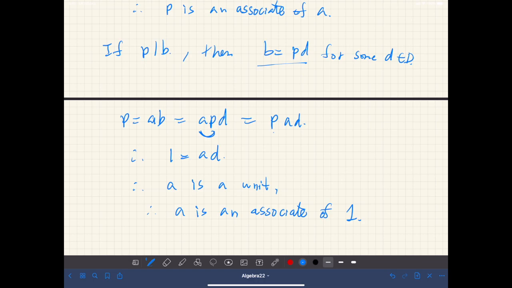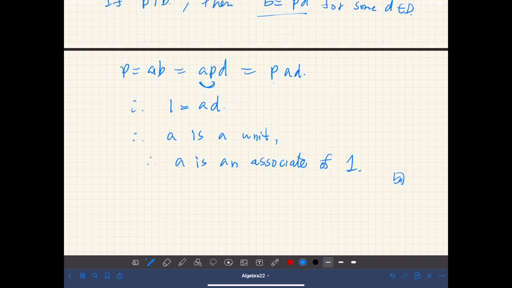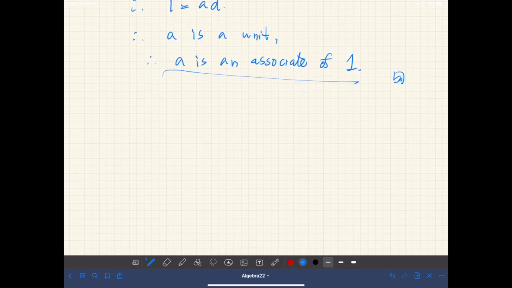And we are done. So either this or this. Therefore, A is irreducible. So this theorem shows prime elements are irreducible elements. So prime implies irreducible.